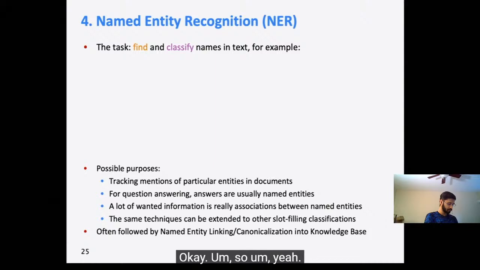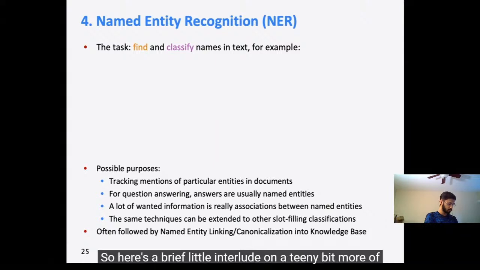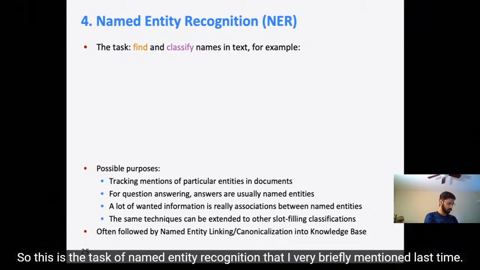So here's a brief little interlude on a teeny bit more of NLP, which is a kind of problem we're going to look at for a moment. This is the task of named entity recognition that I very briefly mentioned last time.